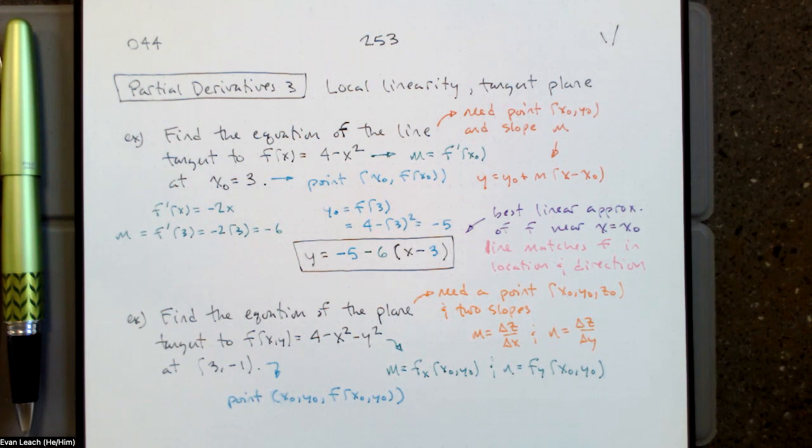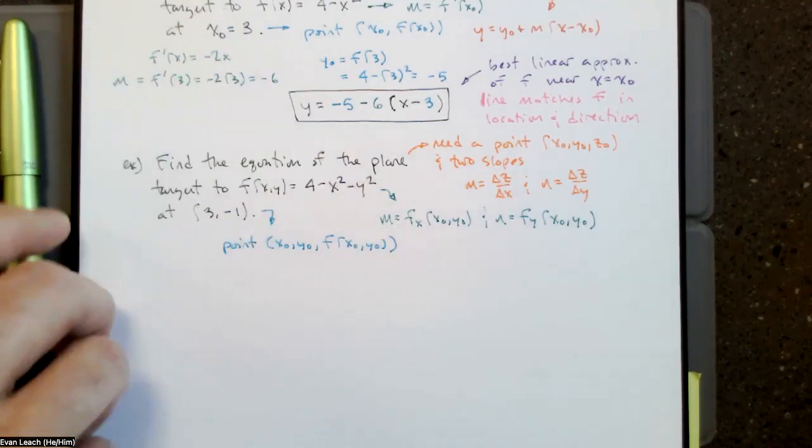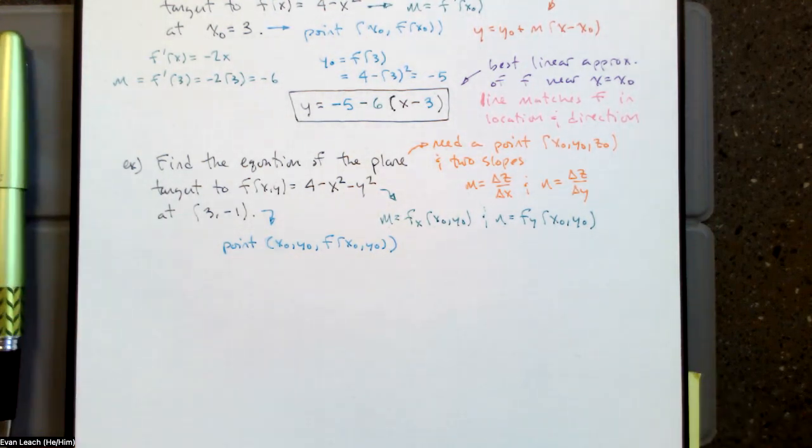I'll just plug in to find the third coordinate because we're working with a function, because working with functions is easiest. So I need 2 derivatives. I need an fx derivative.